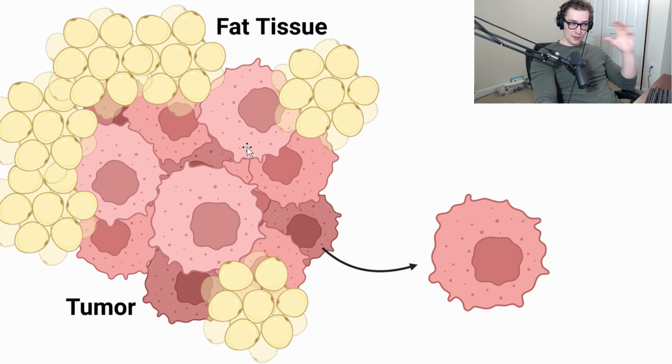But in certain cancers, like breast cancer, ovarian cancer, and there's still heterogeneity, meaning there are still differences even within those tissues. But generally, these types of cancers will be surrounded by fat depots or fat tissue found as adipocytes.